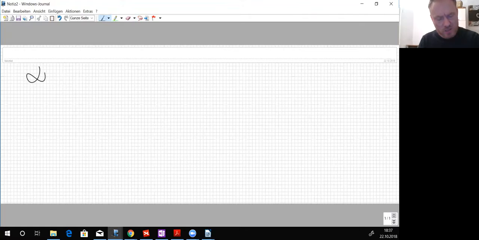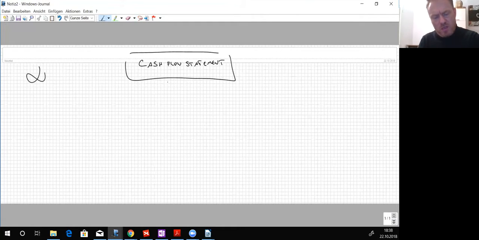So there's the cash flow statement. And there are two really important things. First, you can calculate the cash flow by a direct method.